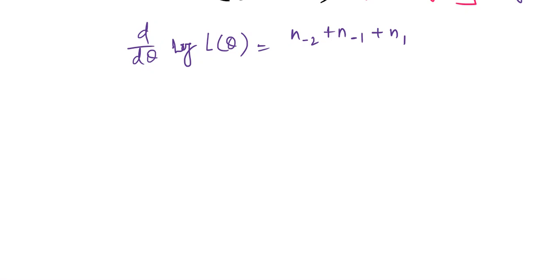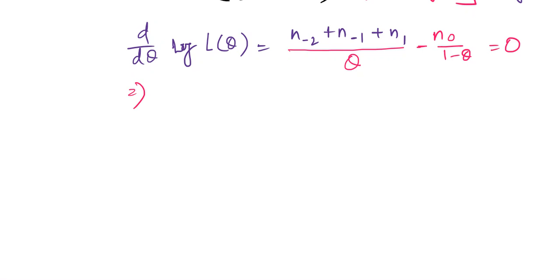So d by d theta of log of L theta, that is equals to n of minus 2 plus n of minus 1 plus n of 1 by theta, minus n naught by 1 minus theta, that is equals to 0.